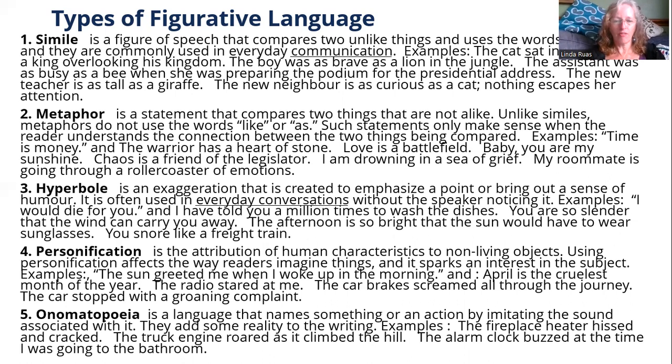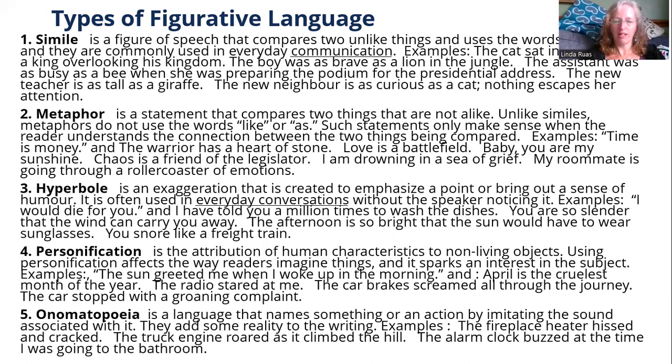Number 4, personification is giving a human characteristic to a non-living object. The sun greeted me when I woke up. The radio stared at me. The car brakes screamed. It's very nice to make it personified.